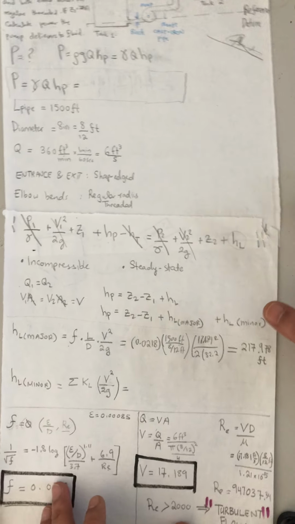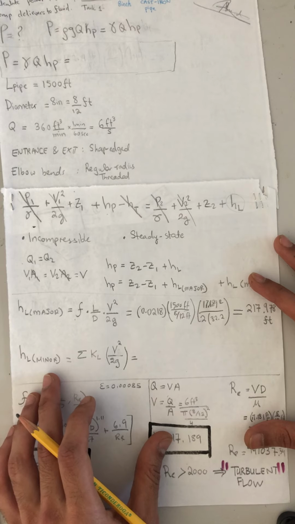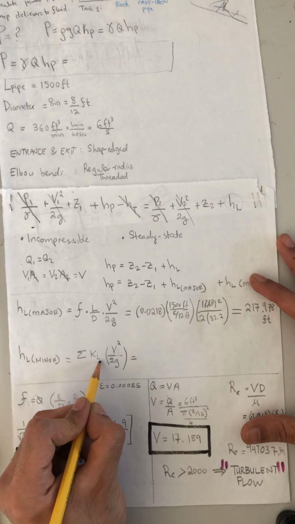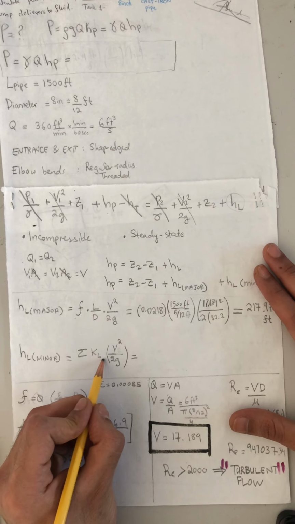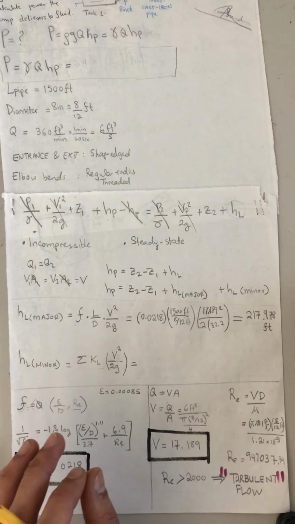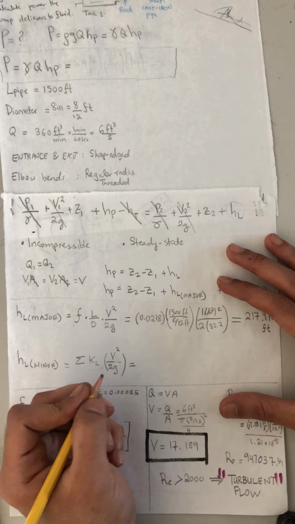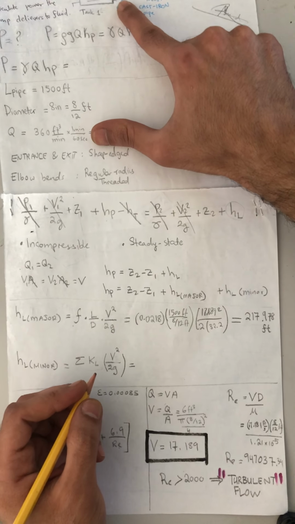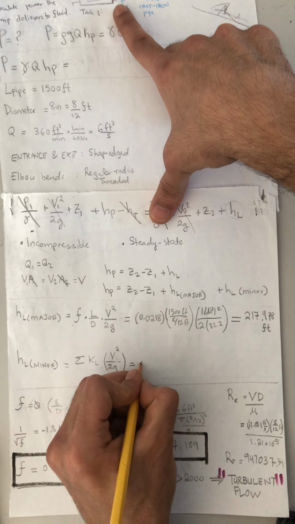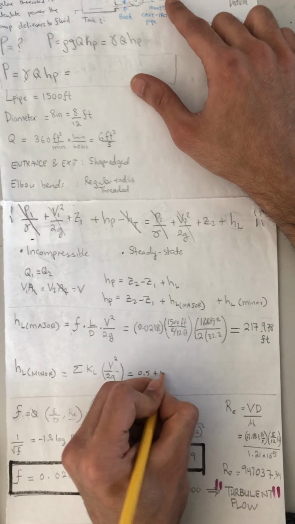And my minor head loss is going to be considering all of the loss coefficients of our different pipe components. So for our entrance at the tank entrance, our loss coefficient is 0.5. At the bend, it is 1.5.